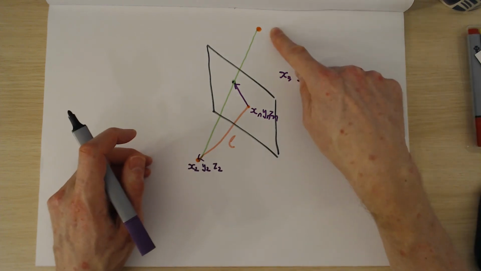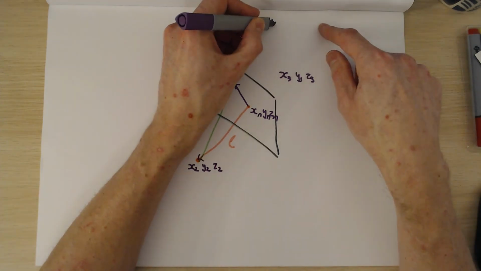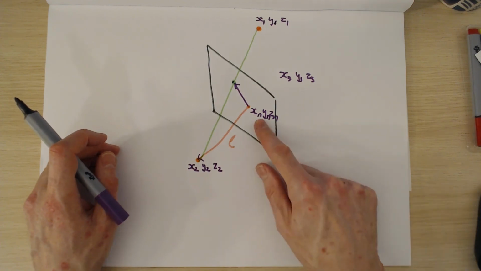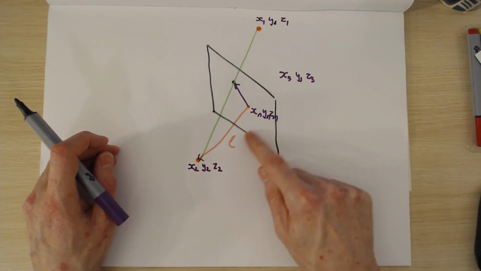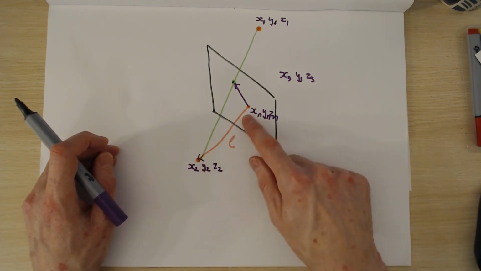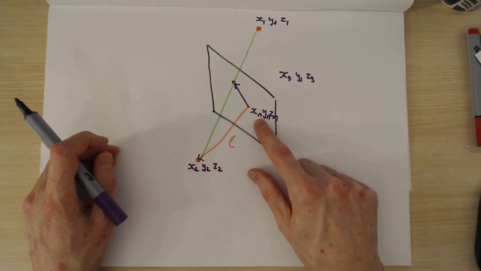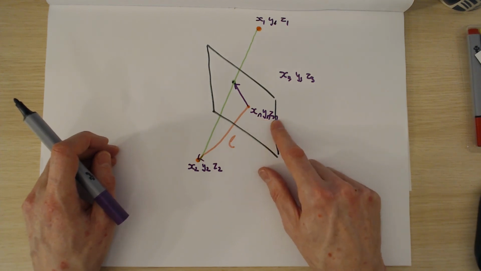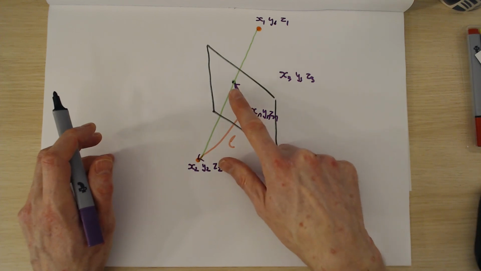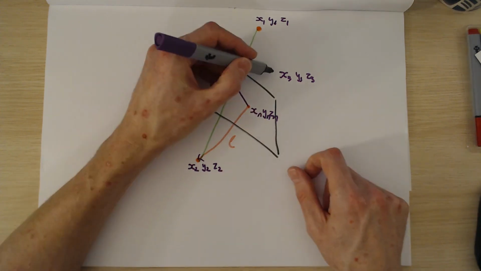This is the point in the world that we actually want to look at. We call that x1, y1, z1. This point here is the point where our camera meets normal, where our line is a normal to the plane, where we literally look straight at the plane. This point we're going to call xn, yn, zn. This point here, the one that we're trying to find, is x3, y3, z3.